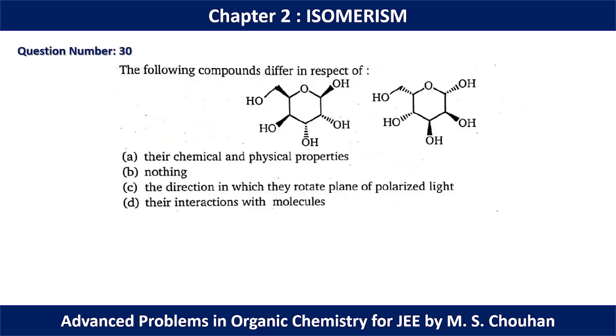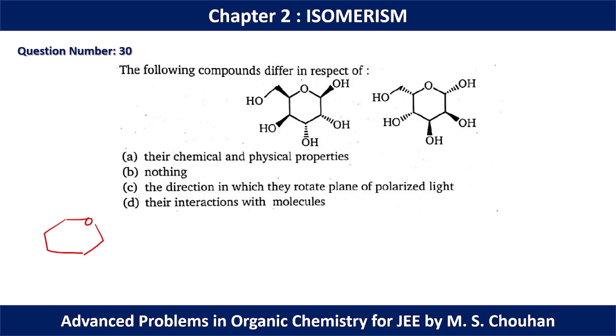In question number 30, the following compounds differ in respect of what? Okay, so in question number 30, we have two molecules and they are enantiomers of each other. Why? Because if we draw this molecule like this, we have a 6-member ring.